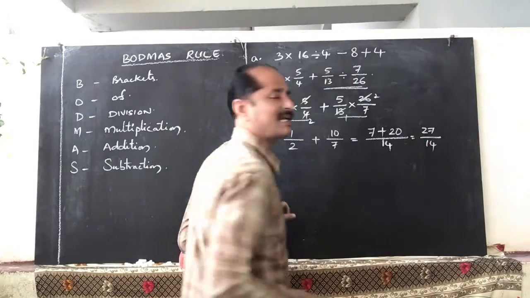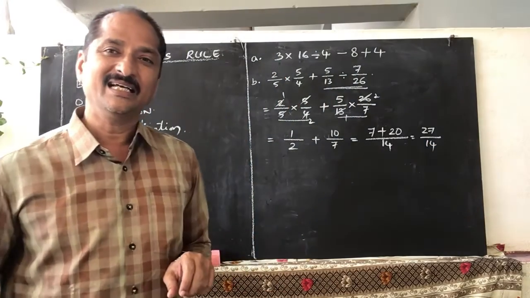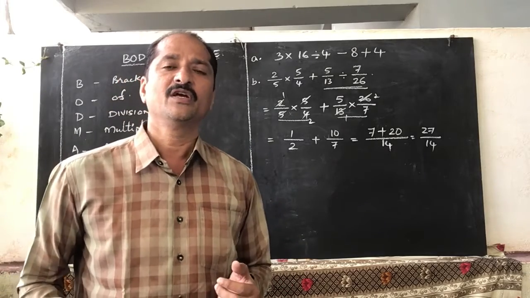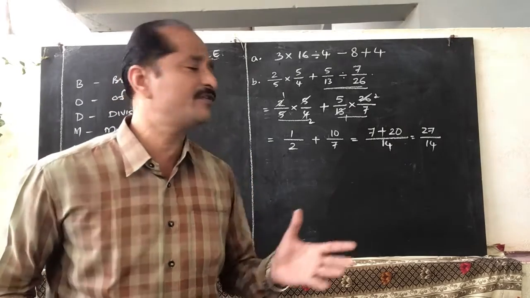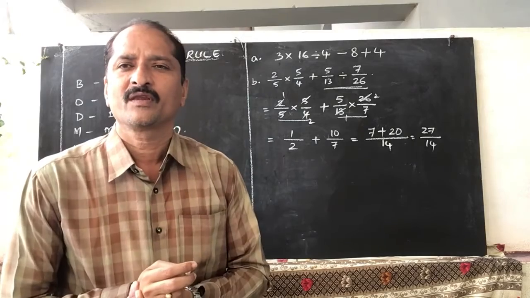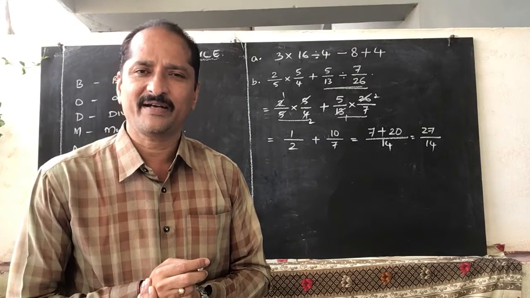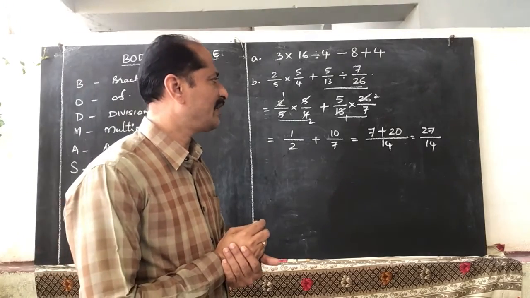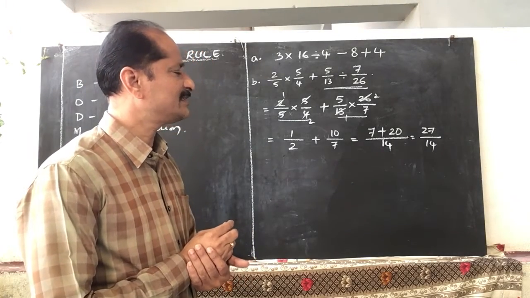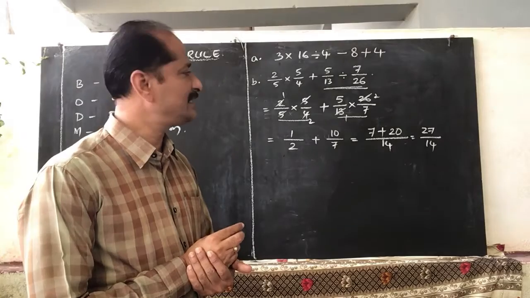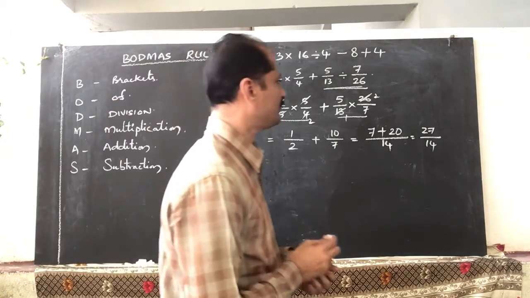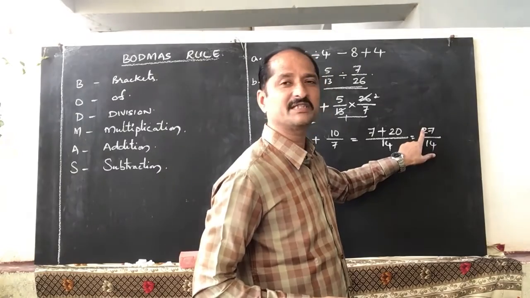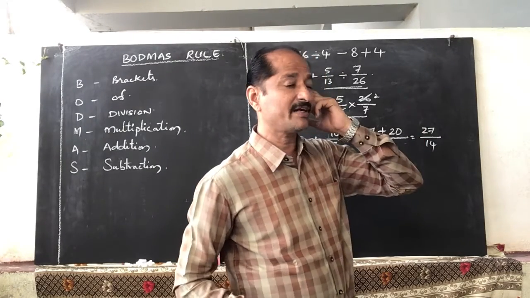27 by 14 is an improper fraction, and we should write down the simplest form of 27 by 14. To get the simplest form, take out the common factors. Do 14 and 27 have any common factors? 14 is divisible by 2, 27 by 3, so there is no common factor in 27 and 14.